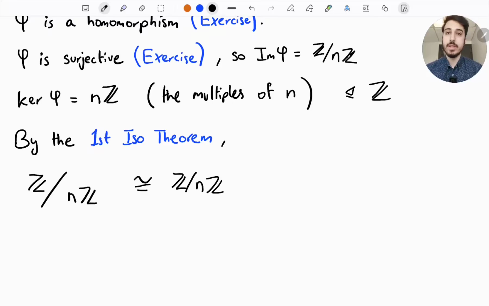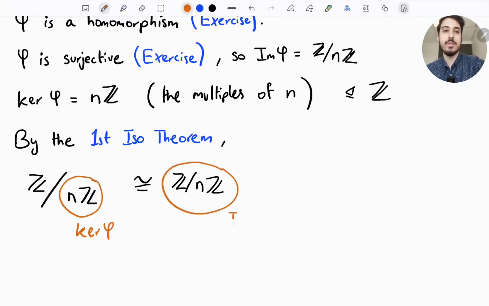It seems a bit silly to say that Z/nZ is isomorphic to Z/nZ, but it is important to notice the distinction here: nZ acts as the kernel of phi, while Z/nZ is the group, which is coincidentally the image of phi in this case.